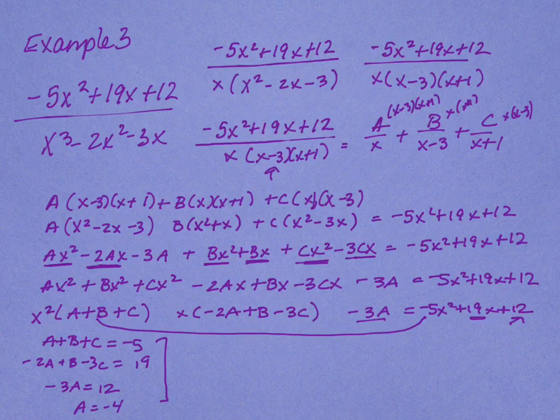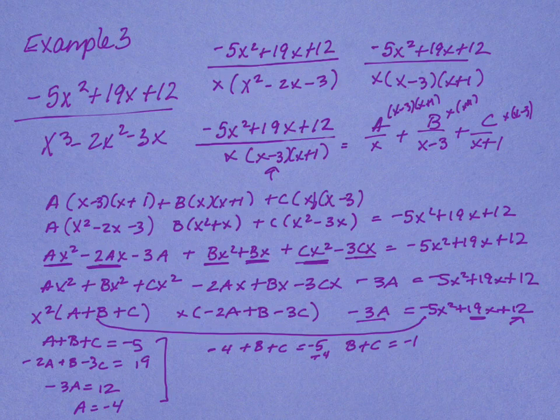All right, so I have a, and now I can put a in and just have b and c be variables. So let's see, replace a with negative 4. It would be negative 4 plus b plus c equals negative 5. So then add the 4. So b plus c equals negative 1 because I'm adding 4.